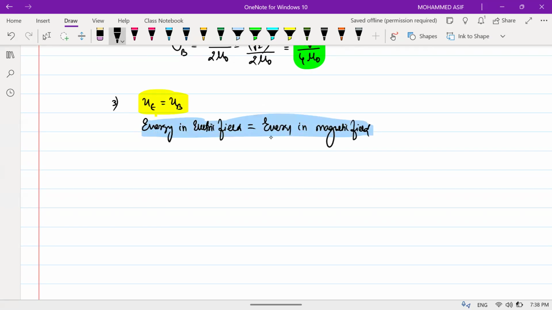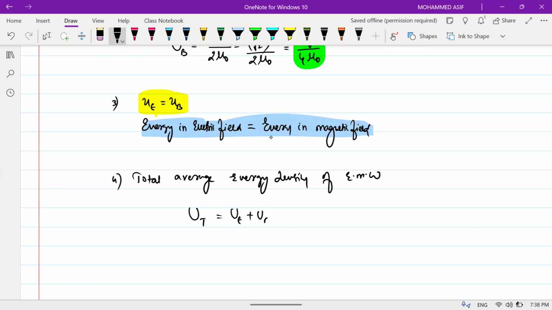Okay. Now tell me, what is the total average energy density of the electromagnetic wave, beta? Total is the combination of your electric field plus your magnetic field value. I'll write the energy density in terms of small u.